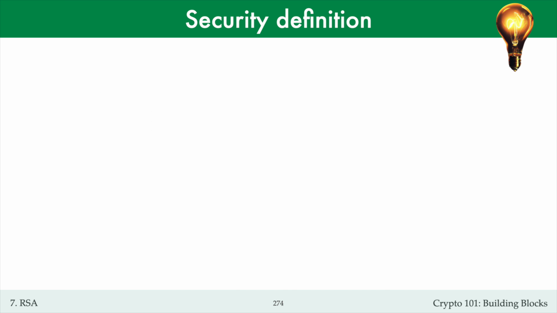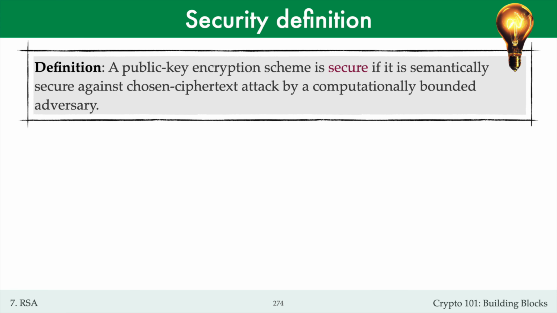Let's formulate a security definition for public key encryption. Like all our security definitions, we want to give the adversary the strongest possible capabilities and make her goal as weak as possible. So we'll give Eve access to a decryption oracle and only demand that she break semantic security, namely, that she learns something about the plaintext from the ciphertext, other than the length of the plaintext.